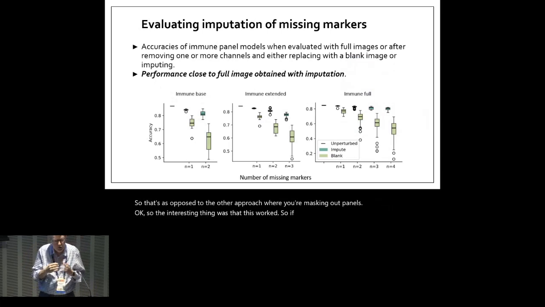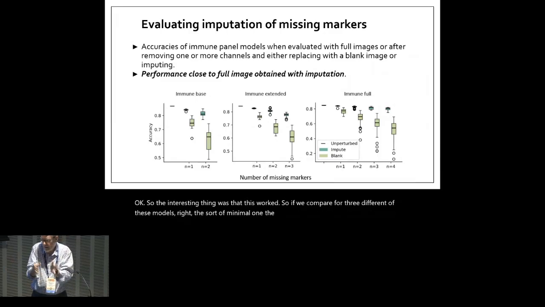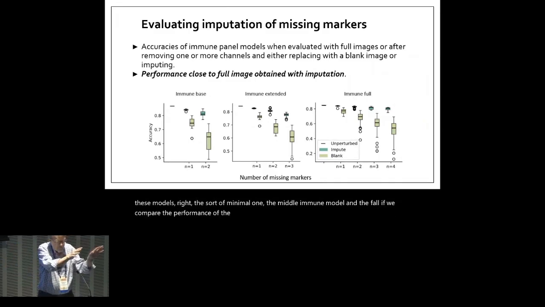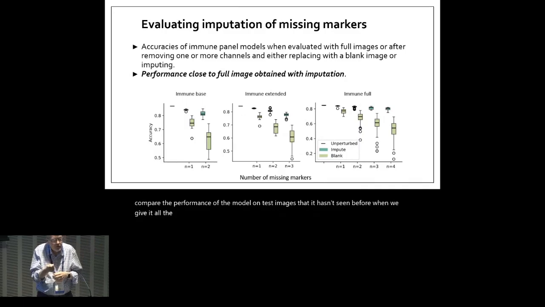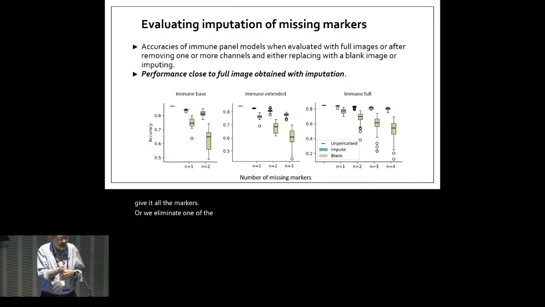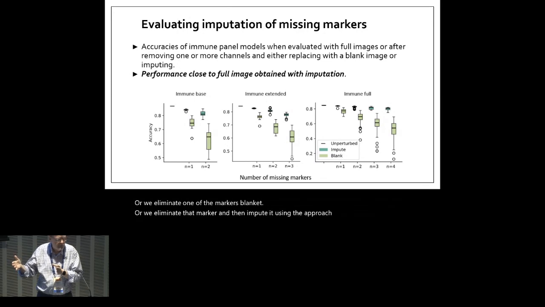So if we compare for 3 different of these models, right, the sort of minimal one, the middle immune model, and the full, if we compare the performance of the model on test images that it hasn't seen before, when we give it all the markers, or we eliminate one of the markers, blank it, or we eliminate that marker and then impute it using the approach I just described, okay?